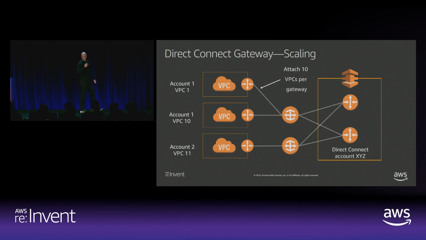Each Direct Connect gateway supports up to 30 virtual interfaces per account. At a minimum, you should have at least 2 virtual interfaces, BGP sessions. Preferably, these interfaces are across different Direct Connect routers on our side and on yours.